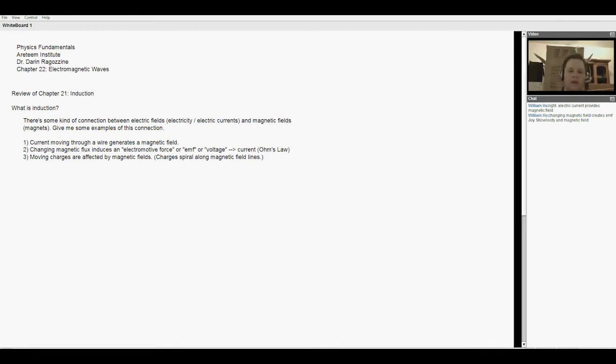So the key thing that's happening here is that we seem to have this situation where another way of saying current is moving charges, and these moving charges you might call something like a changing electric field.